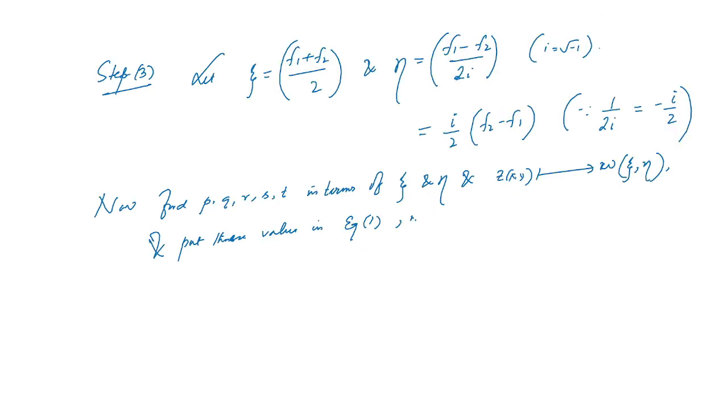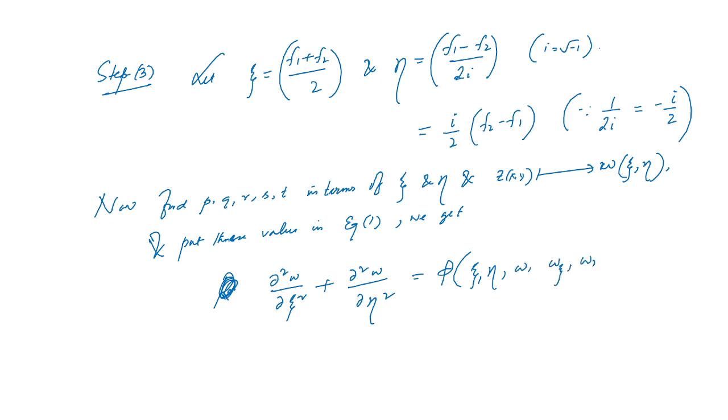What we get is del squared omega by del xi squared plus del squared omega by del eta squared equals some function of xi, eta, omega, omega xi, omega eta.